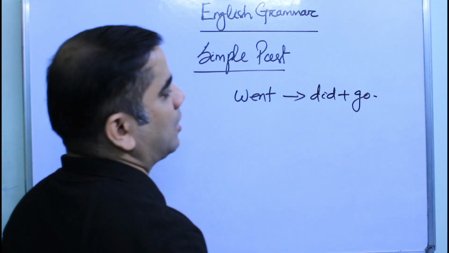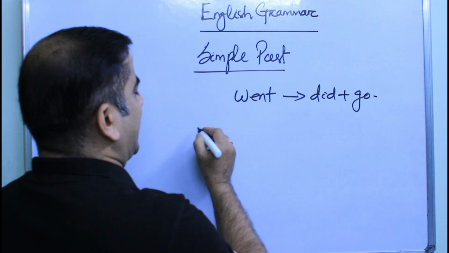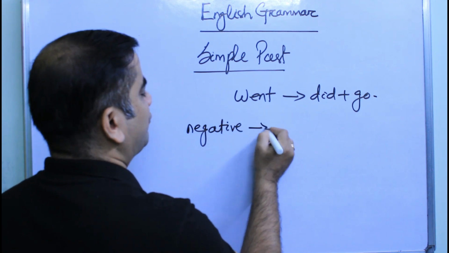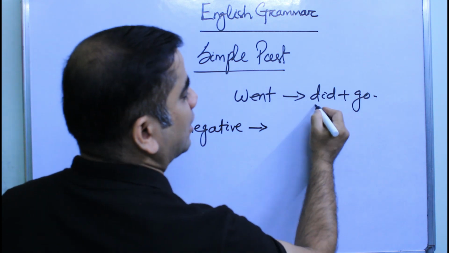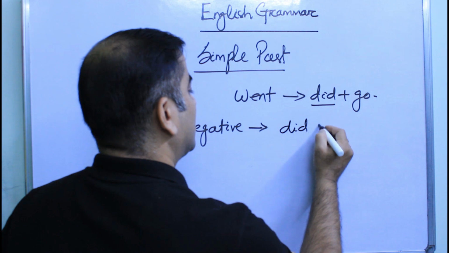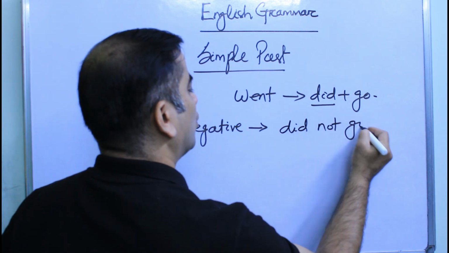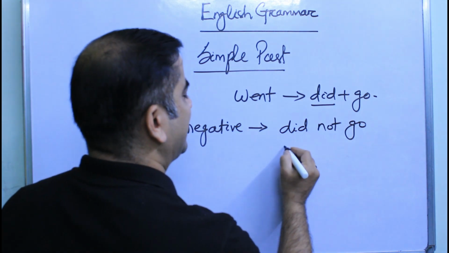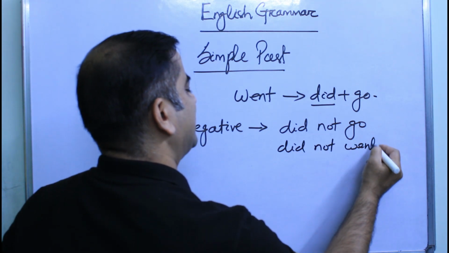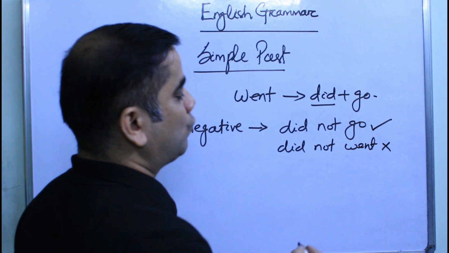So just remember, when we go to the negative form, what do we do? We just put not after the helping verb. So it is did not go. We should not write did not went. This is wrong. This is right. Why?